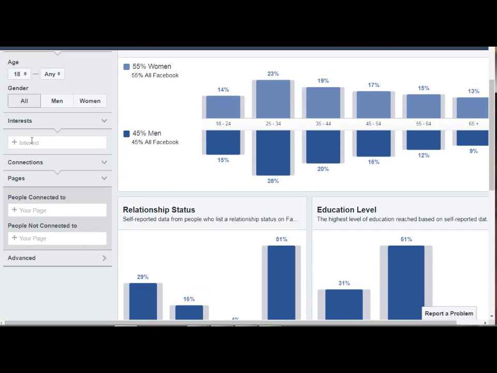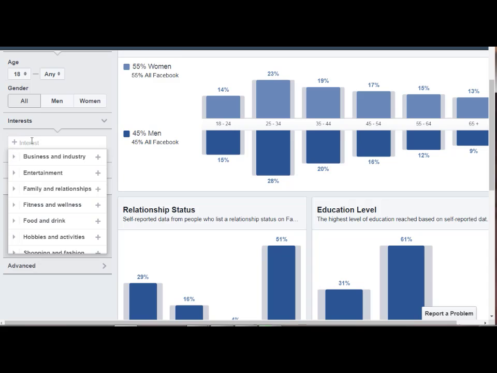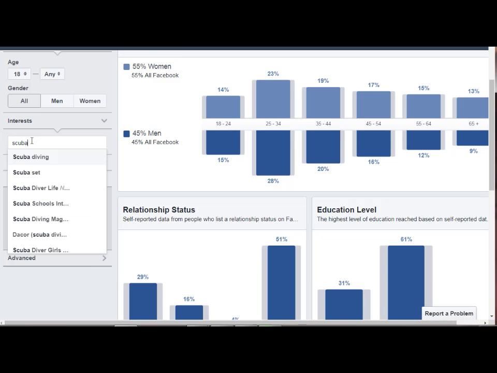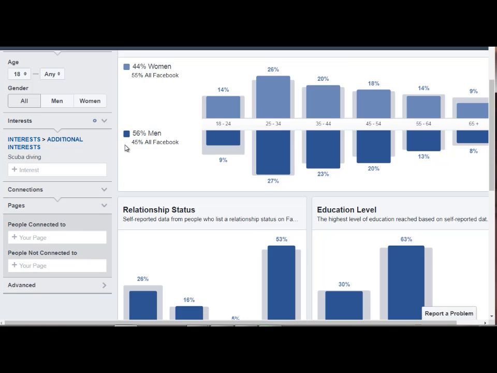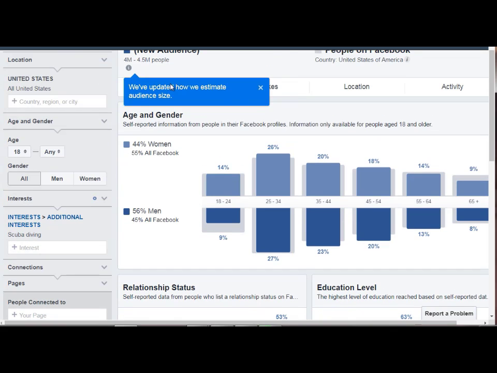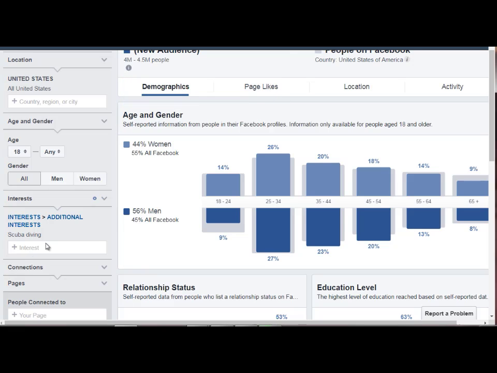So what I like to start out with is interest. To stick with what we were talking about earlier, if we type in scuba and we have scuba diving here, we see that this is an interest, and up at the top we have 4 million to about 4.5 million people who are interested in scuba diving in the United States, and that are all ages and all genders.